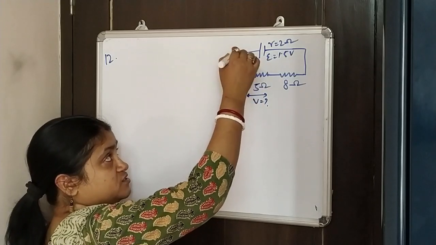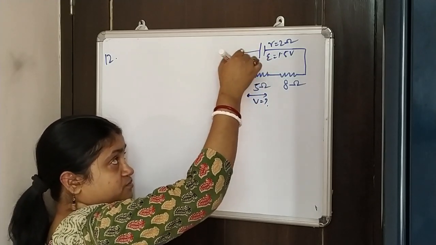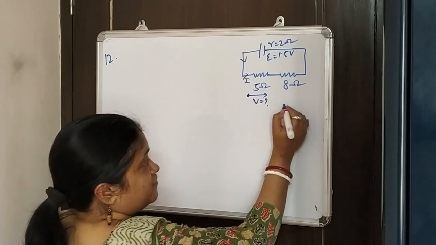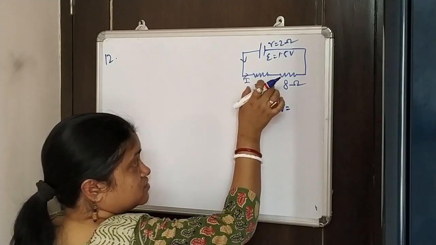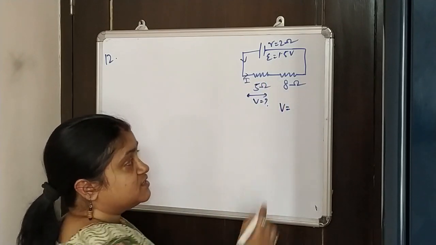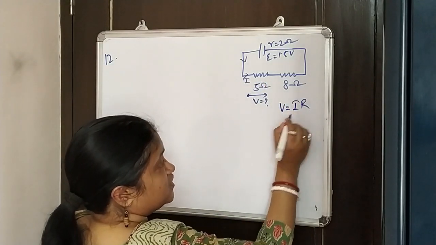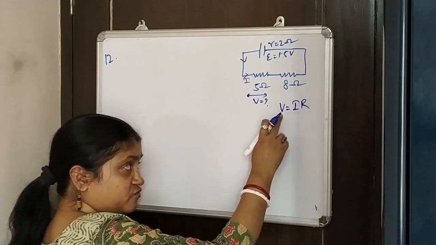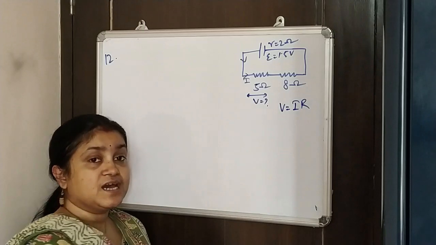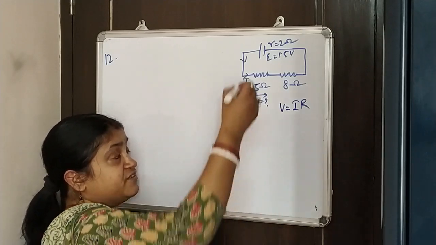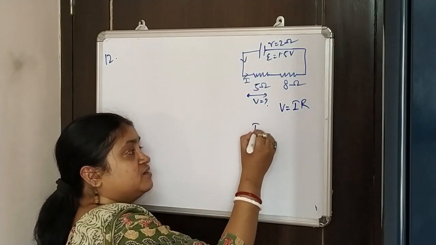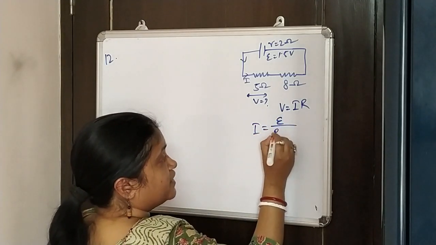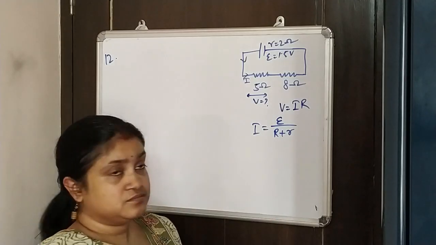So as this is the positive side of the cell, current I is passing. So if I have to calculate potential across this particular resistance, I have to find V equal to I into R. R I already know, we have to find V. I have to calculate what is I. Now if I have to calculate what is I, then we know I is epsilon by R plus r, right?